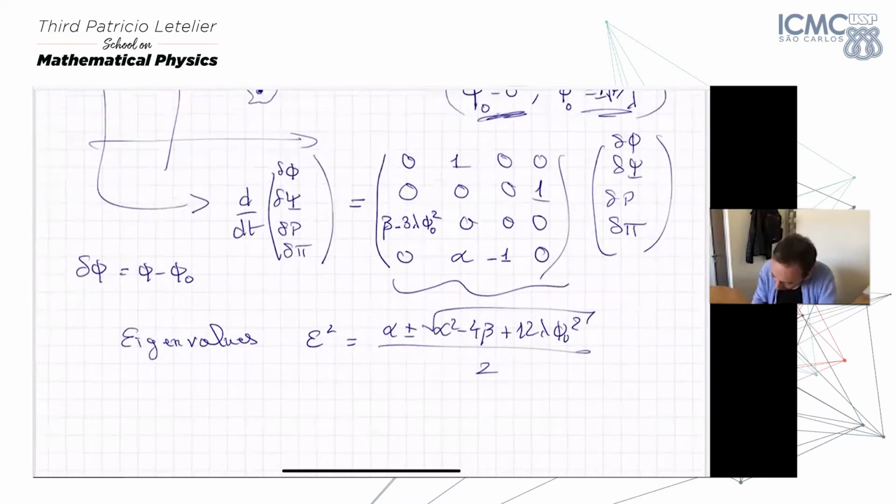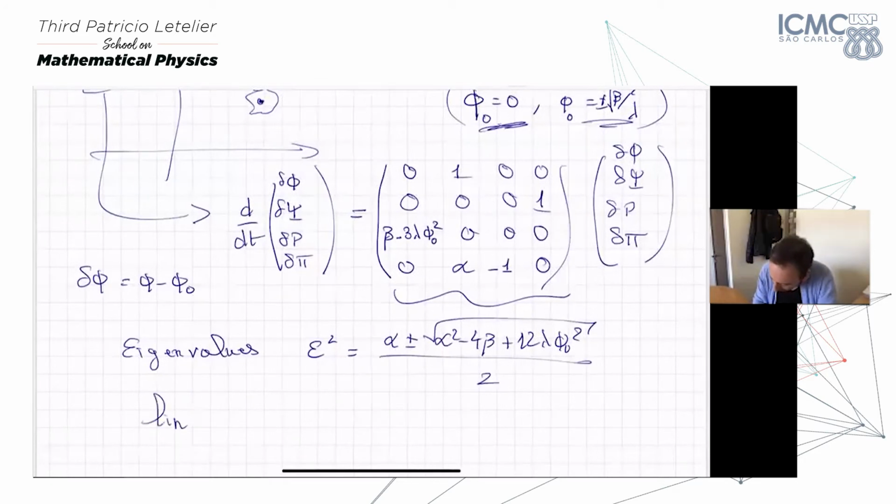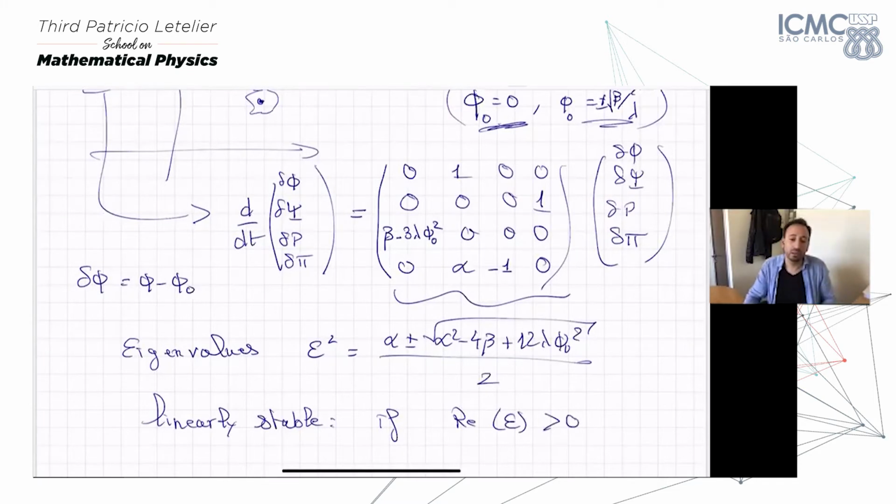So the system is linearly unstable, I'm talking just about linear stability, if the real part of this is positive. So we have some eigenvalues. The solution, sorry, I'm saying stable, unstable, of course.